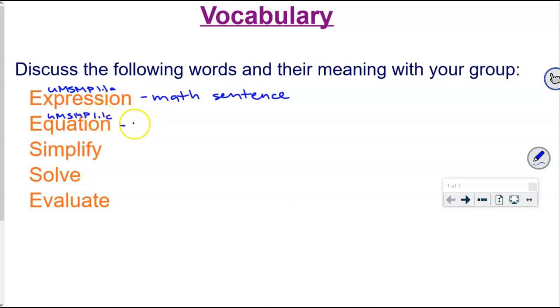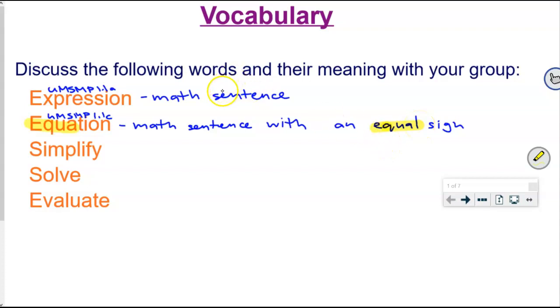An equation is a math sentence with an equal sign. You should know that because what is the root word of equation? Equal. So it's a math sentence with an equal sign. There is more, but that's the gist of it.